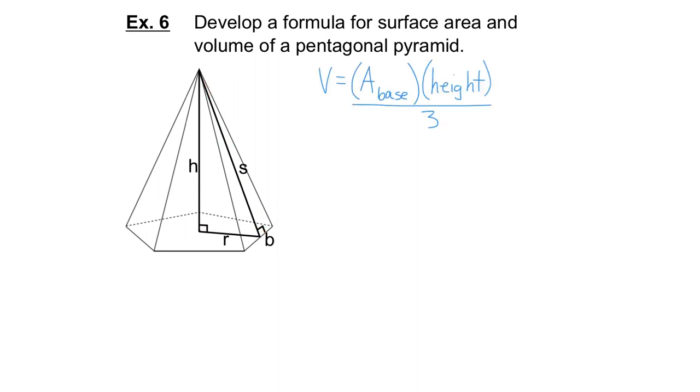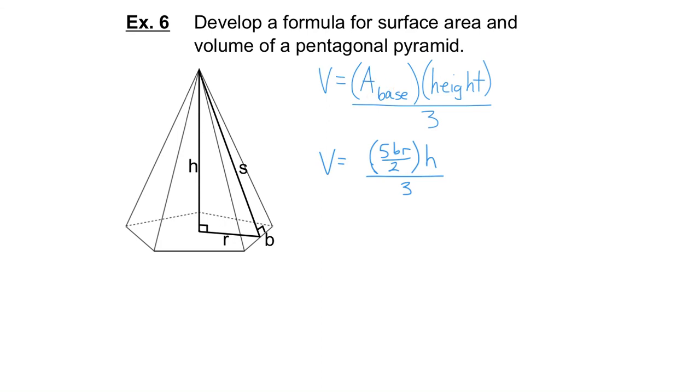We'll start with volume. Since this is a pyramid, volume is area of the base multiplied by the height of the pyramid divided by 3. Now the base is this pentagon. If you'll recall from the previous example, the area of a pentagon we found was 5BR over 2. So we'll just plug that in for the area of the base. I'm not going to show how I developed that again. If you forget, you can go back in the video to see how I got 5BR over 2.